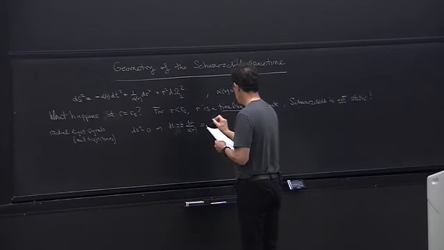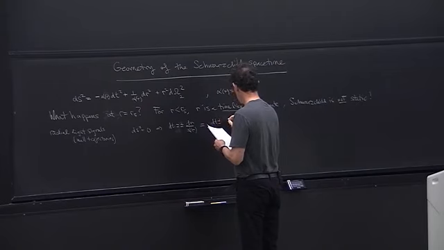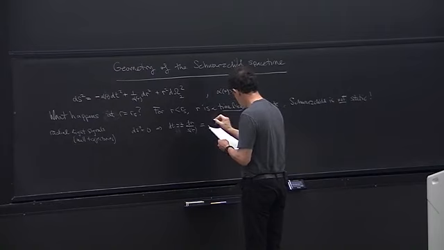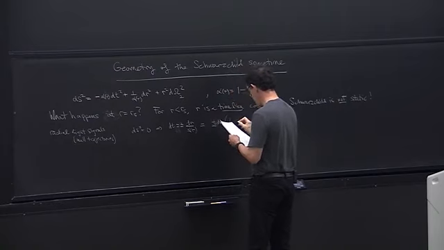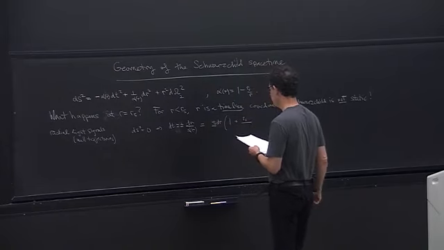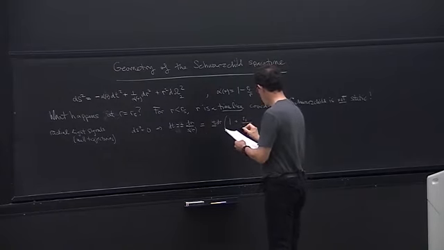So this is dt equals plus or minus dr times 1 plus rs over r minus rs.